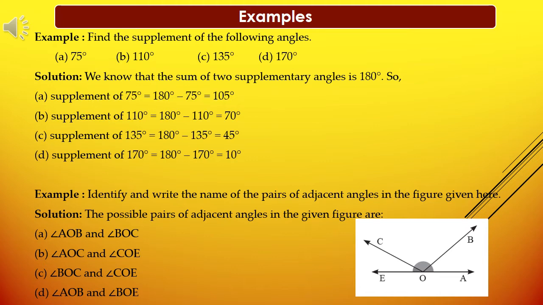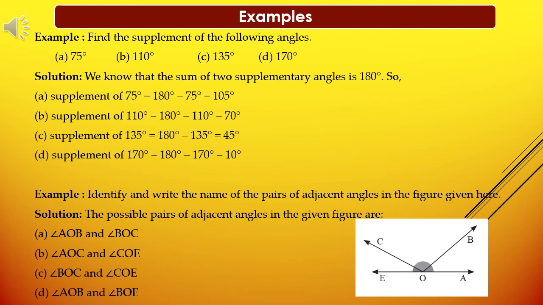Next example comes of the adjacent angles. As we all know, what are adjacent angles? Adjacent angles are those which have a common vertex and a common arm. Here you can see that EOC and COB are adjacent to each other.